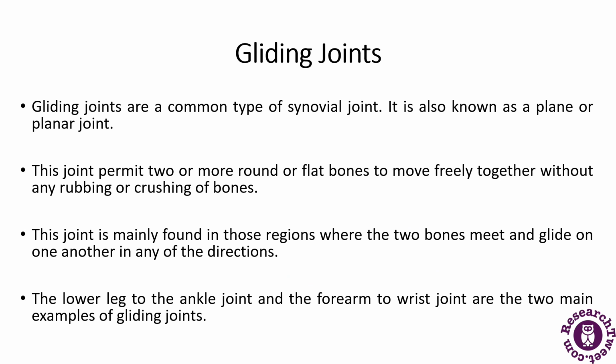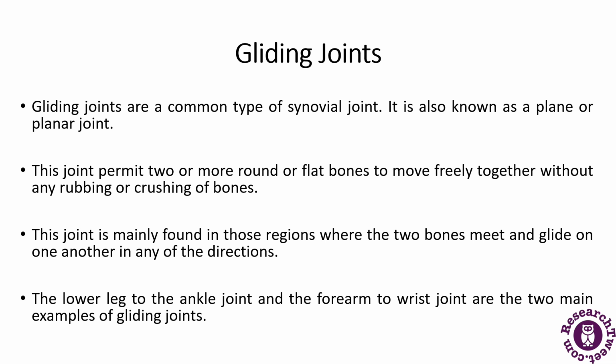Now the last joint we will talk about is the gliding joint. It is also known as the plane or planar joint. What this joint does is it permits two or more flat bones to move freely together without any rubbing or crushing of the bones. So it will allow the bones to move freely.